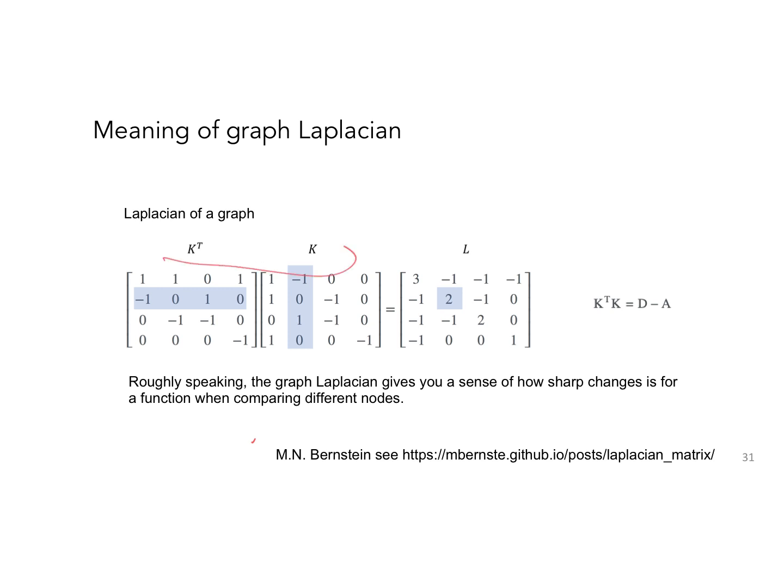If you compute the divergence and the gradient operator together, with the transpose of the incident matrix and the incident matrix itself, you get the graph Laplacian. This is equal to the degree matrix minus the adjacency matrix.